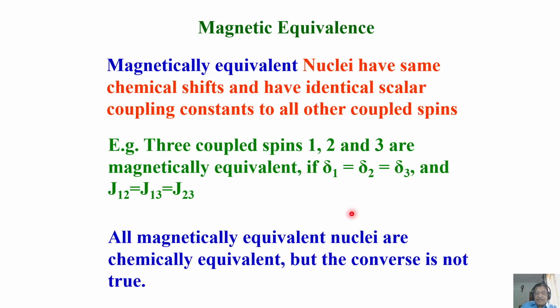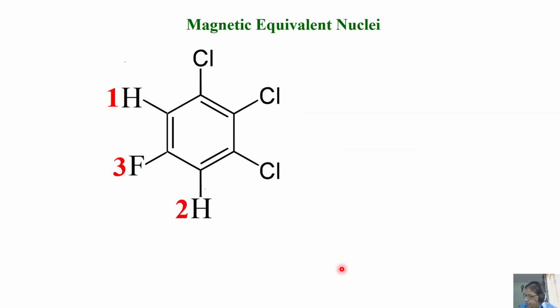But if this is equivalent, it need not be equivalent. That is a reverse case. So the concept is, remember, very simple. All magnetically equivalent spins are invariably chemically equivalent, but all chemically equivalent spins need not be magnetically equivalent. It's an important point you must understand.